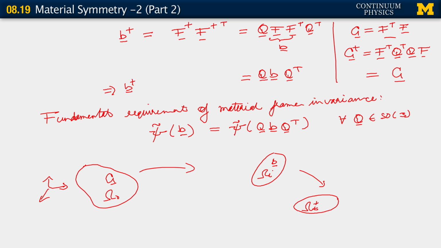It does see that rigid body motion on the current configuration. And so when we apply frame invariance, we see that we have to further satisfy this requirement. But now that requirement must hold for all tensors Q.